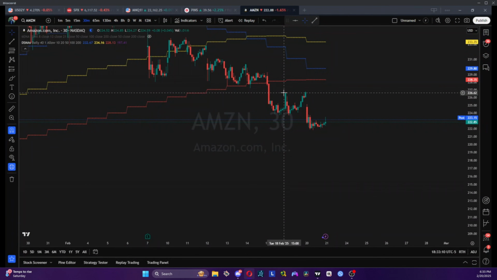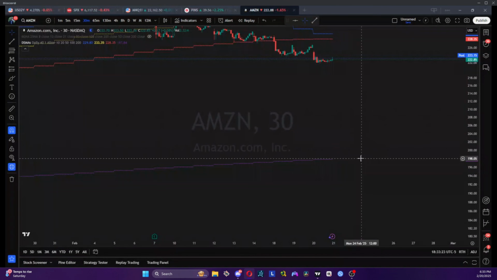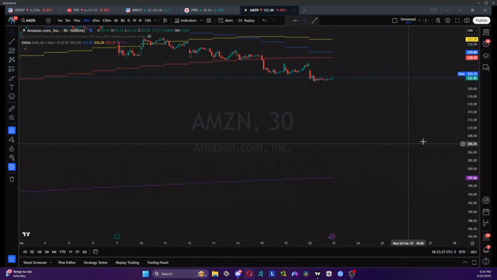It doesn't matter what happens here, we broke below the 50, which is showing you a bearish trend. Now, the 200 EMA is all the way down here. If Amazon went all the way to 197, we'd have a serious problem.